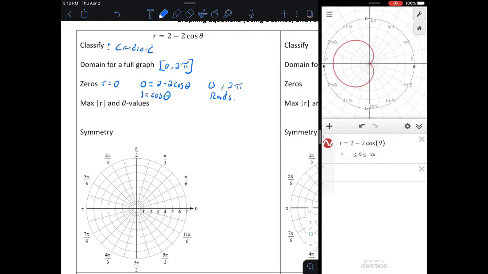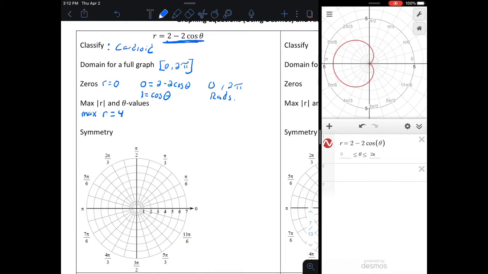Now, how would I know that by doing it by hand? I would try to figure out the maximum r value, and for our equation here, the biggest value it's going to produce is 4. So the maximum r is going to equal 4. It's going to be when I add the largest value for cosine to the 2.